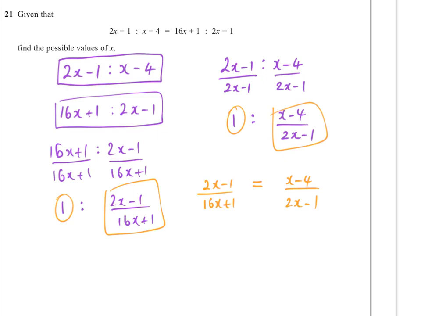Now, if I multiply this out to solve for x, then I can do some cross multiplication. If you're not okay with that, then you need to look at some of my other videos on algebra. But if you are, then if we times both sides by 2x minus 1, we'll have 2x minus 1 squared, and then times both sides by 16x plus 1.